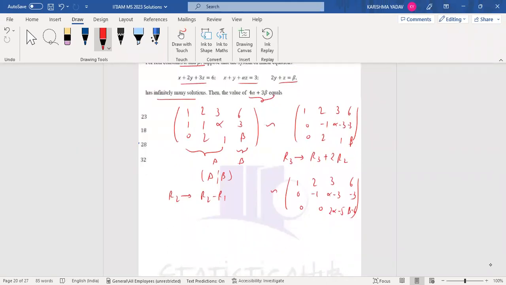Now we know that for a system to have infinitely many solutions, the rank of the augmented matrix is equal to the rank of the matrix A, and this is less than 3, that is the minimum of the number of rows or columns.